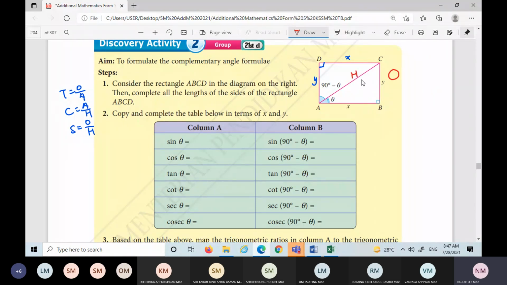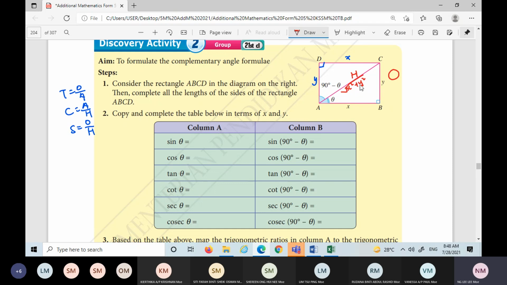But here the H is not given, so I want to get the H in terms of x and y, using the Pythagoras theorem like just now. This is x and this is y. Therefore H is the square root of x squared plus y squared. I'll just leave it.